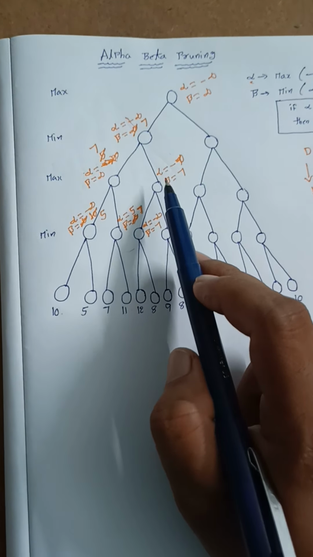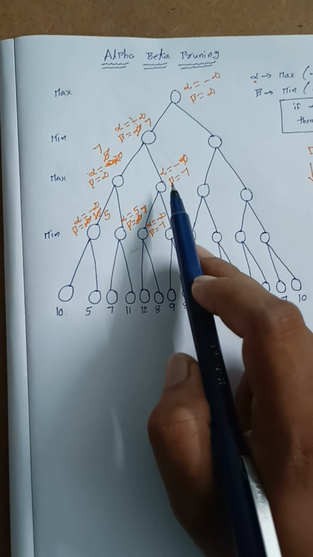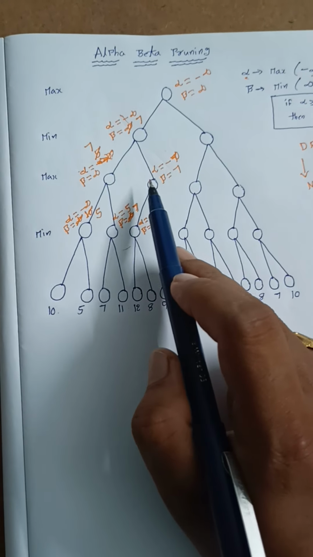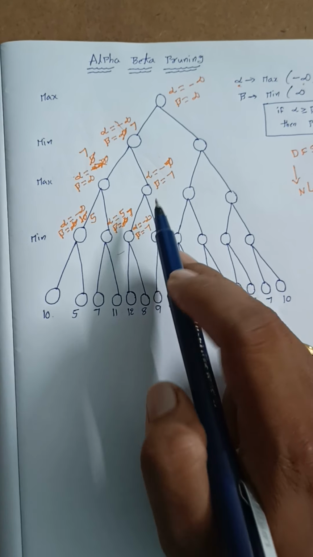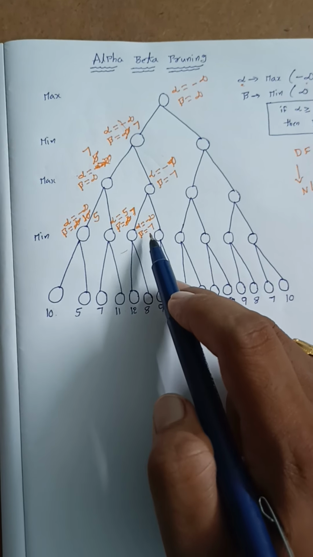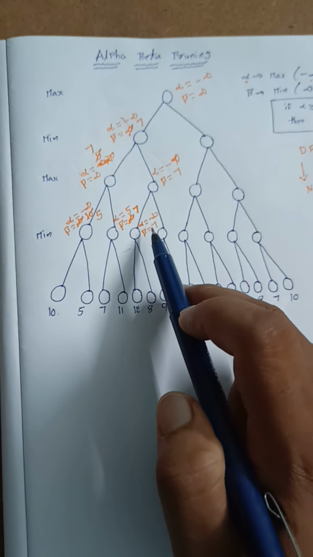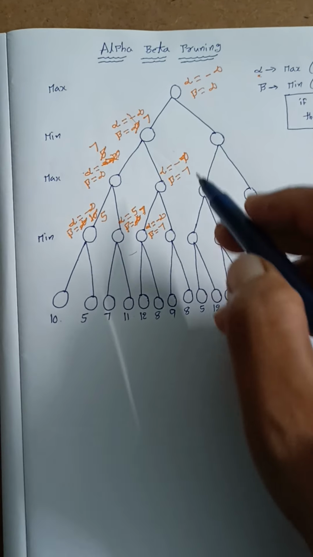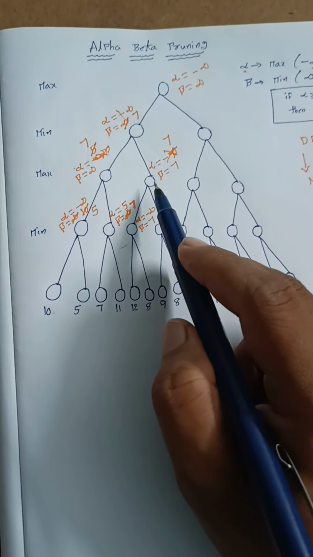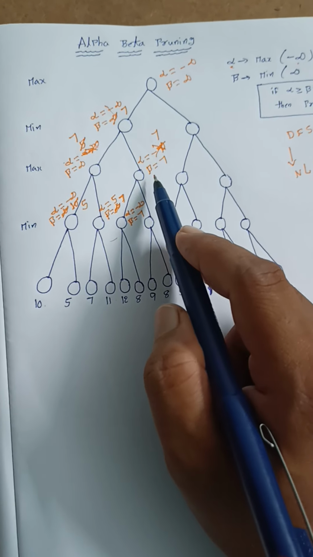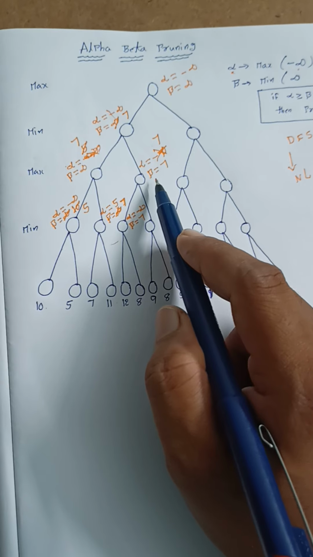Here the maximum value will be changed because this level is related to the maximum, that means alpha. Alpha here is minus infinity. Compare minus infinity and 7, which is the maximum? 7 is the maximum, so cancel minus infinity. Alpha is equal to 7, and here beta is also equal to 7.